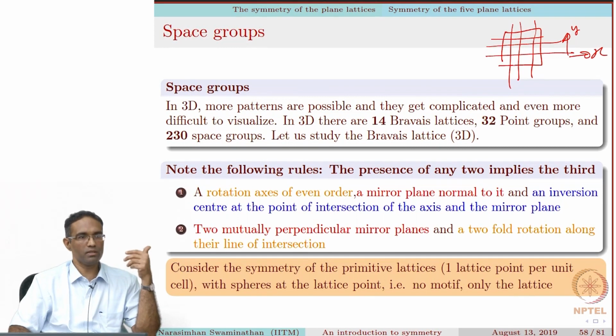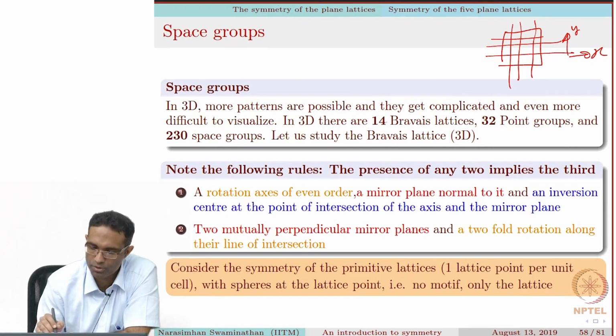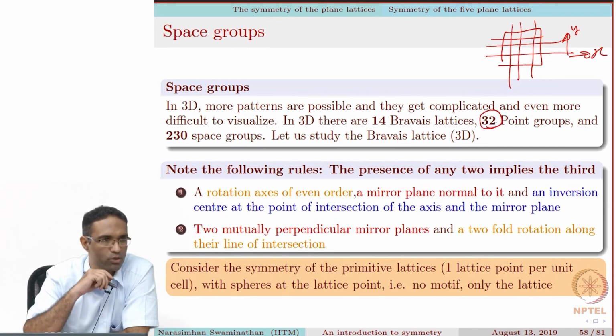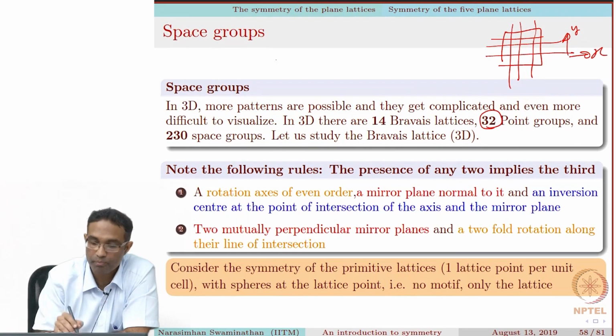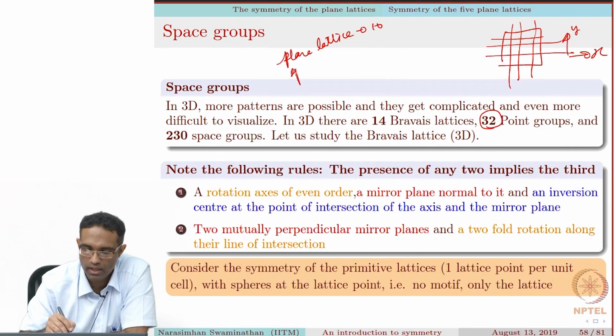But the presence of these additional opportunities for you to create new symmetries within the structure gives rise to more point groups. There are 32 point groups. How many were there in plane lattice? How many point groups were there? 10 point groups. And if you look at space groups, there were 17.